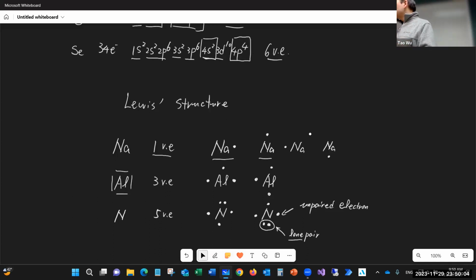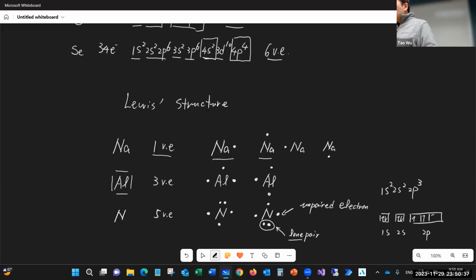And remember, those paired electrons are in the box. For example, nitrogen is 1s2, 2s2, 2p3. So it's 1 box, 2 box, and 3 boxes: 1s, 2s, 2p.